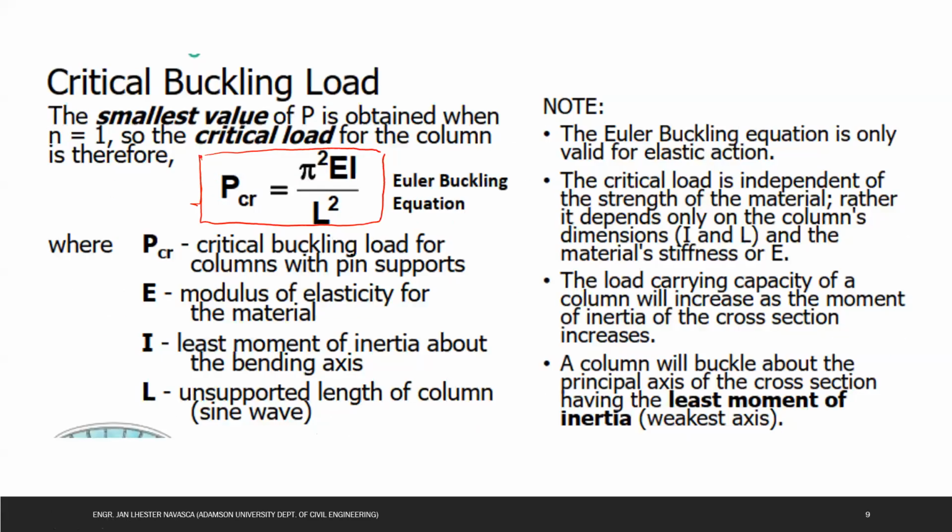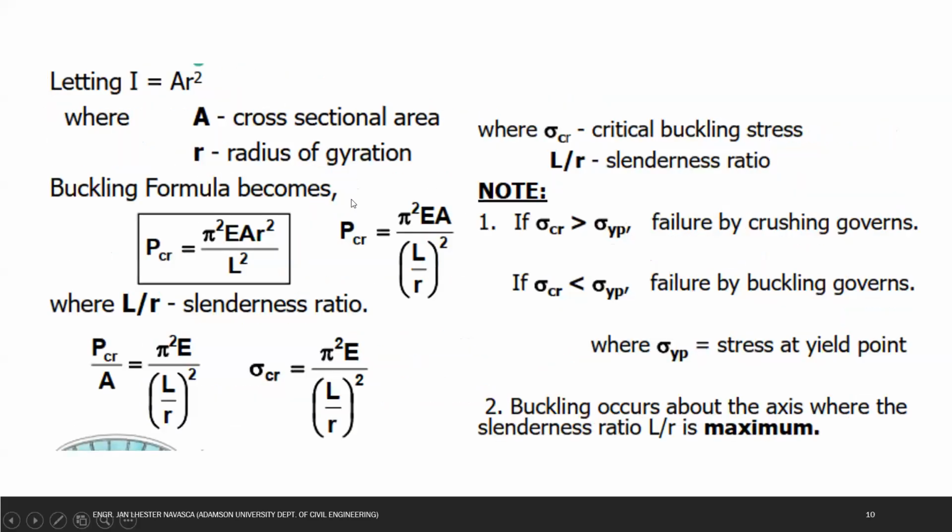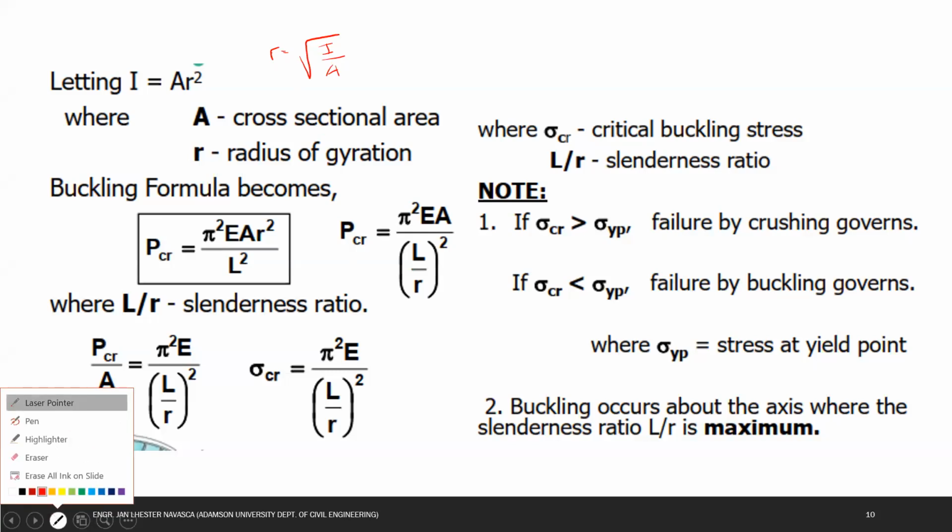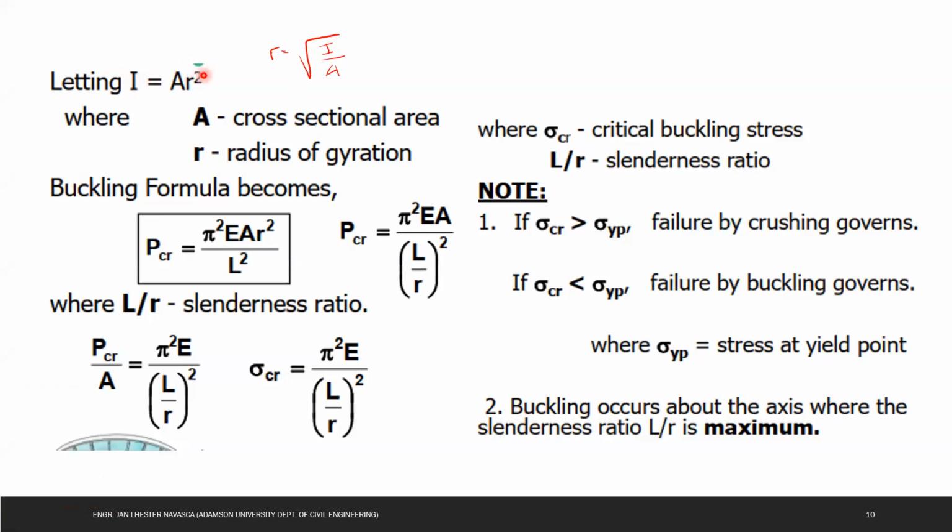Then using this equation, pi squared EI over L squared, let I equal A r squared based on your strength of materials. If you recall, the radius of gyration is equal to the square root of I over A. Taking the square of both sides and solving for I, we have I equals A r squared, where A is the cross-sectional area and r is the radius of gyration.